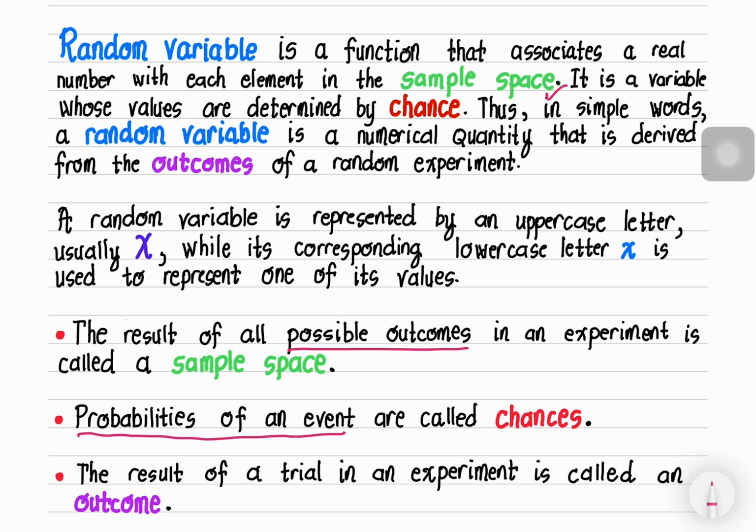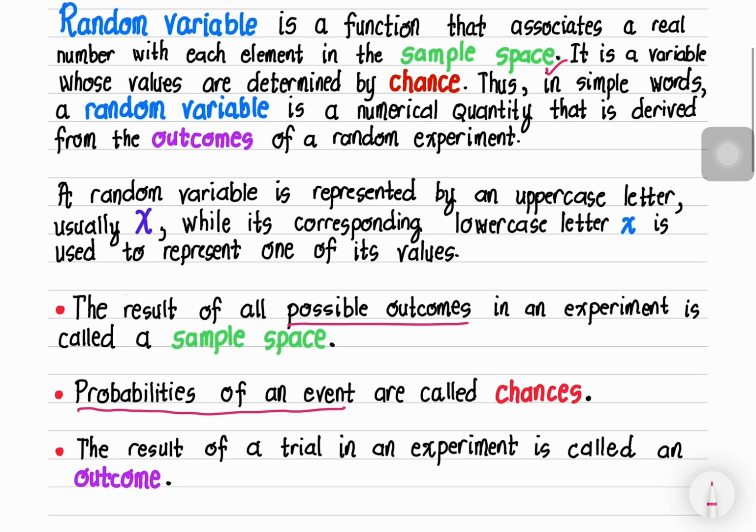And thus, in simple words, a random variable is a numerical quantity that is derived from the outcomes of a random experiment. So, toss tayo ng coin. So, we are actually conducting an experiment. Okay?